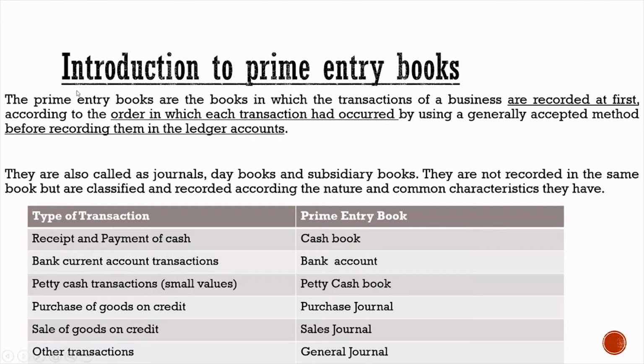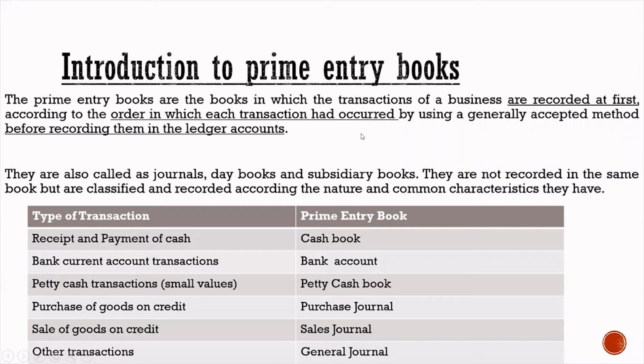Prime entry books are books where the transactions are initially recorded based on the order in which each transaction has occurred. So we are recording the transactions at first, based on the order they have occurred, by using a generally accepted method before recording them in the ledger accounts.